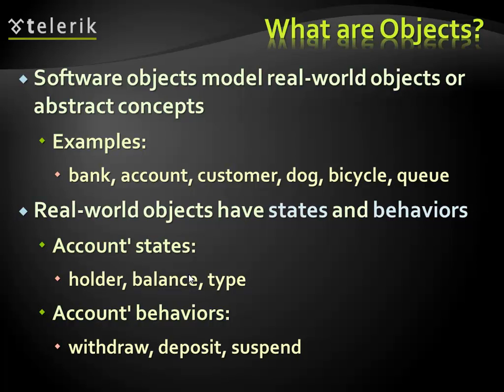If we look at other examples, it could be a bank, or anything that can represent a specific bank, or an account in the bank, or a customer, or a car, or a bicycle. These are real-world objects, and when we break them apart, we see that they have certain properties that define them and certain functionalities that define them.